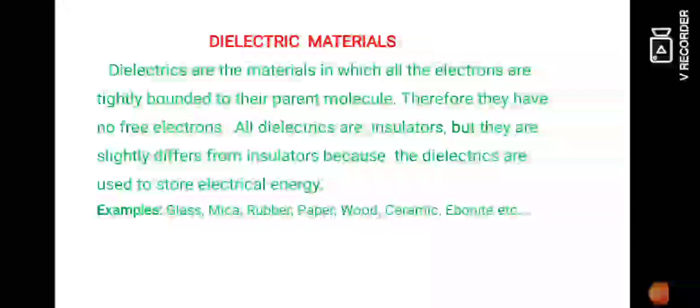If the number of free electrons is more, the conductivity of the material, particularly metals, will be more. If the number of free electrons is less, the conductivity of the material will also be less. This is the basic concept of conducting materials and insulators. Here insulators are nothing but dielectrics.